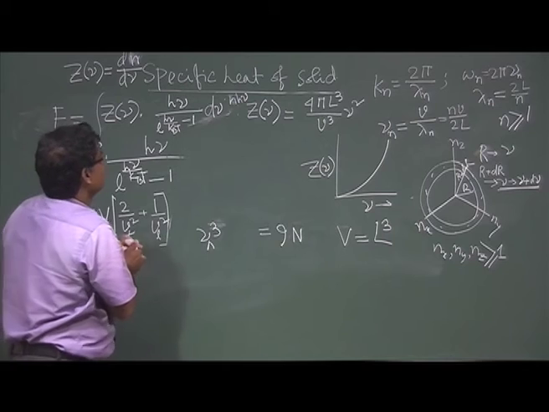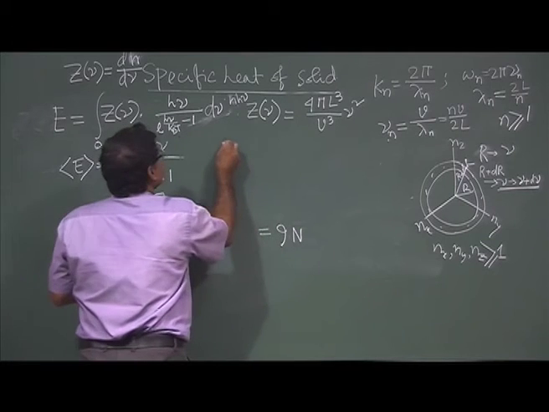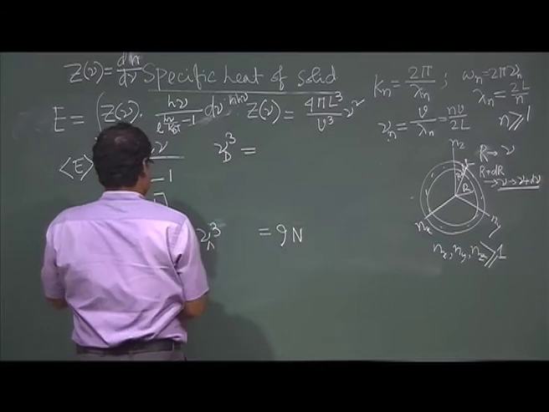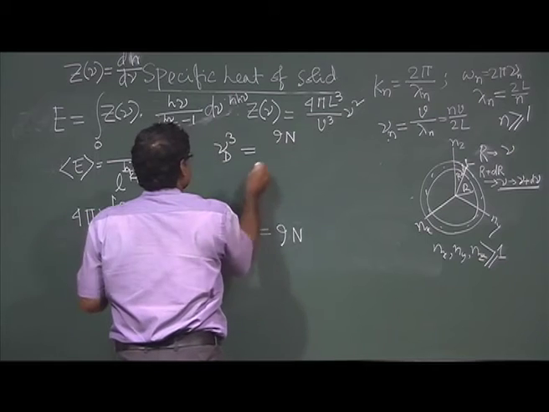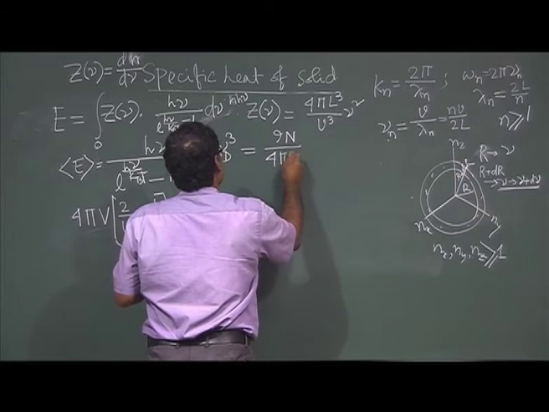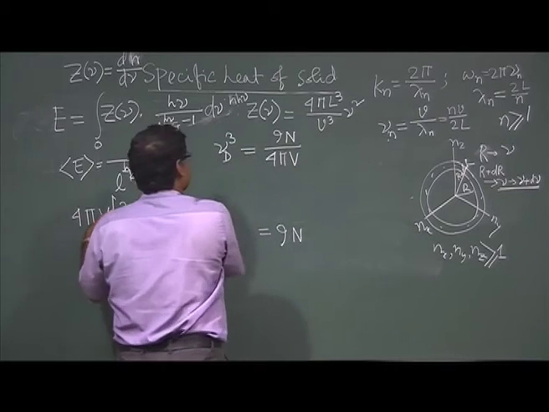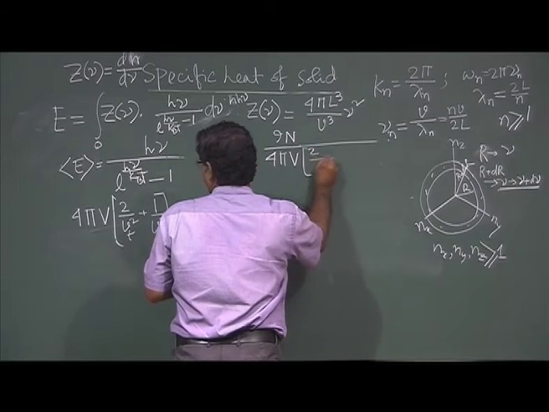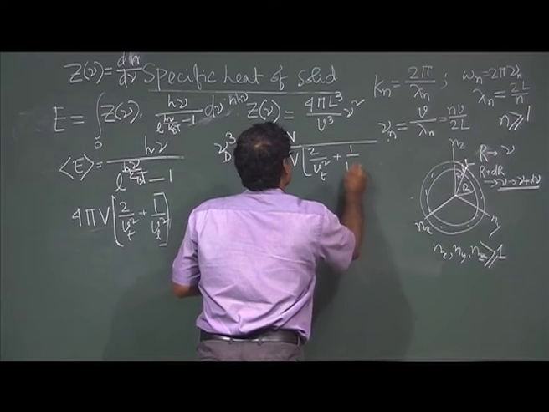So what I am getting is nu_D cube equal to 9n by 4 pi V, and then this I can write as 2 by v_t square plus 1 by v_l square.